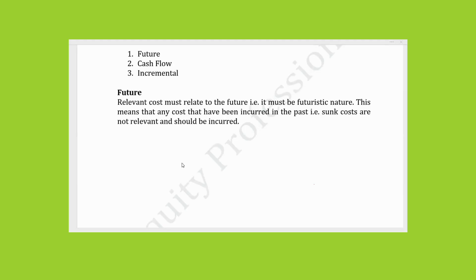It must be a cost that has never been incurred at all. Any costs that have been incurred in the past are sunk costs. They are historical costs. So you don't use historical costs for the future decision that is to be taken. That is the essence of this future. That is what is meant by future.